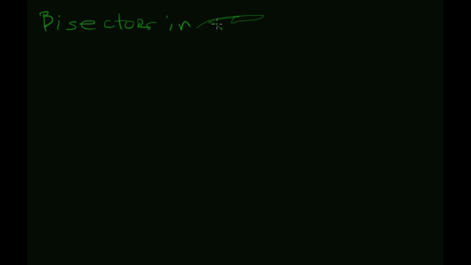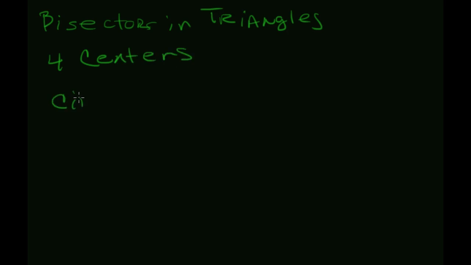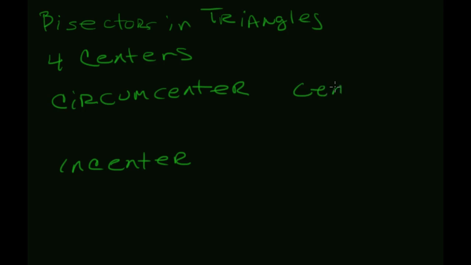Altogether, we're going to get what are called four centers of triangles: the circumcenter, an in-center, a centroid, and the orthocenter.